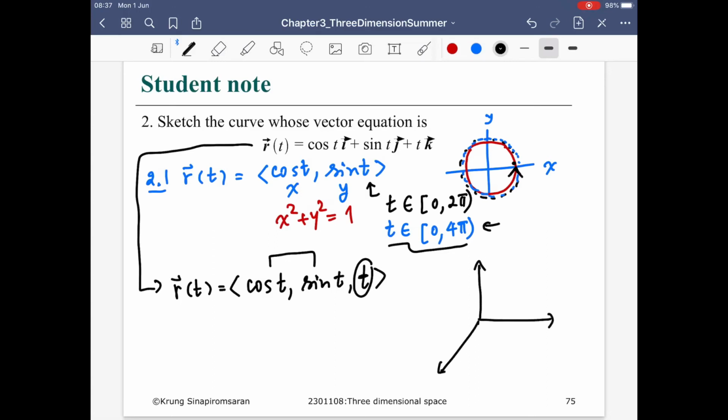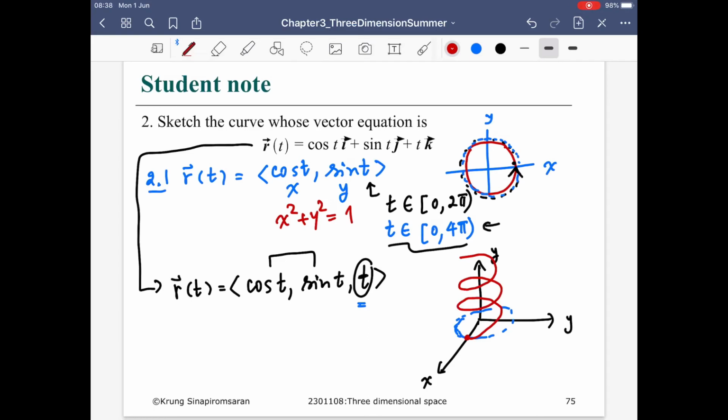I think you guys can make a guess already. Here is a unit circle on the floor. However, because of this term, it's not going to be a unit circle on the floor; it's going to start from this one and then go upward as a helix like this.